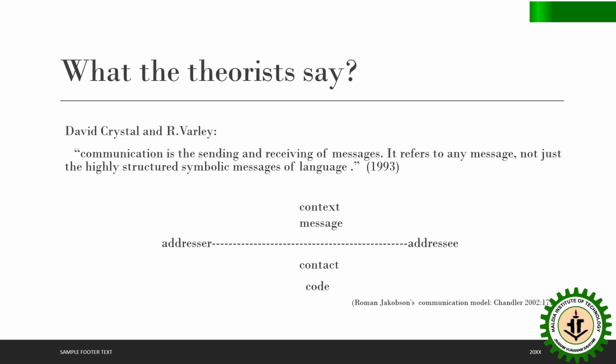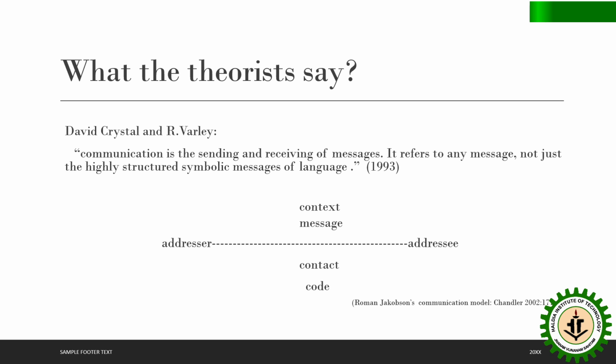And what is the message? Context is who is the person to whom I'm sending the message? And what kind of language am I using in order to send that message? And hence it reaches the addressee or the receiver.